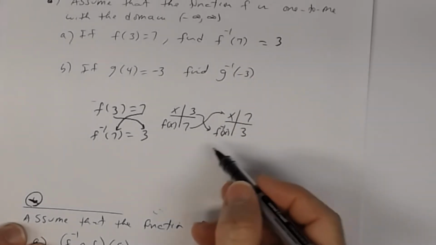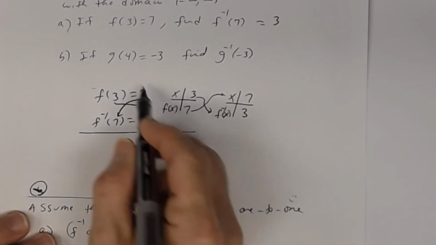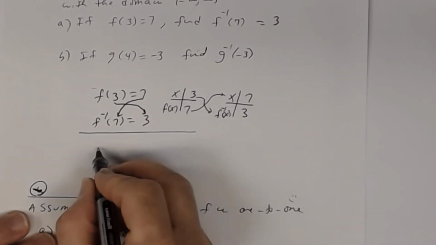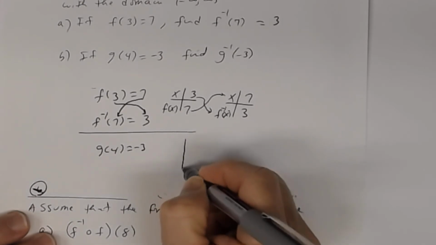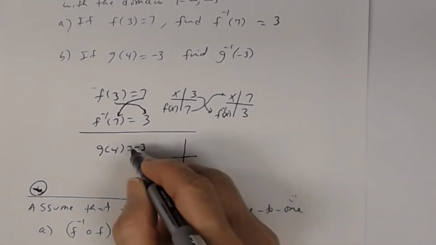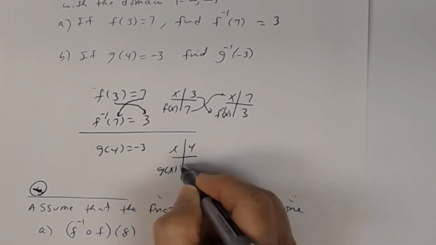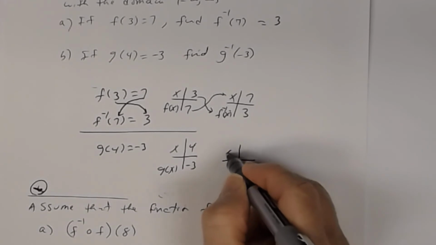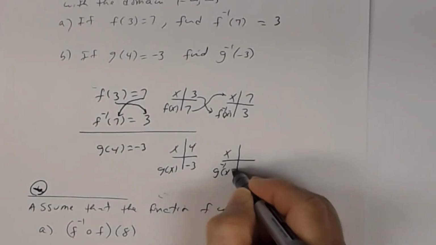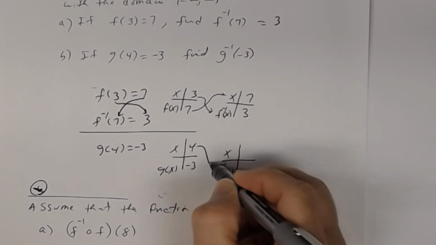If you need to do a table, then do a table. For example, let's look at B. In B, you have g of 4 is equal to negative 3. In terms of a table in your mind, what that means is this. When x is 4, g of x will be negative 3. So in terms of the inverse, remember your interchange, right?